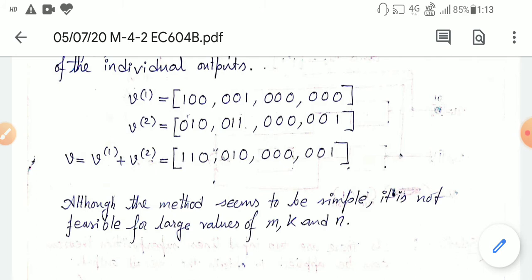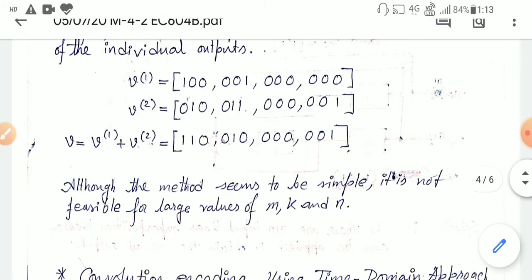But if the memory unit is much larger, and k and n, that is the input lines and output lines, are also much higher, then this kind of formation will be very complicated. So this is not an easy way of getting the convolution code.